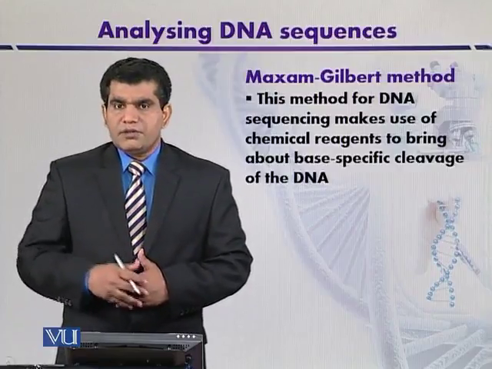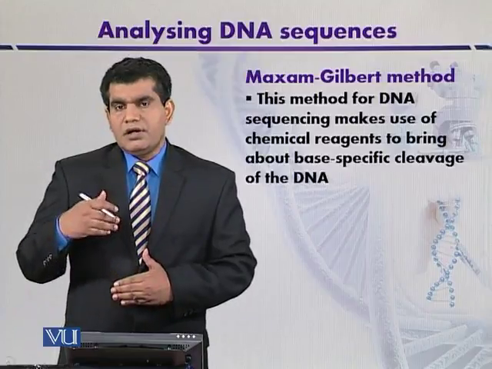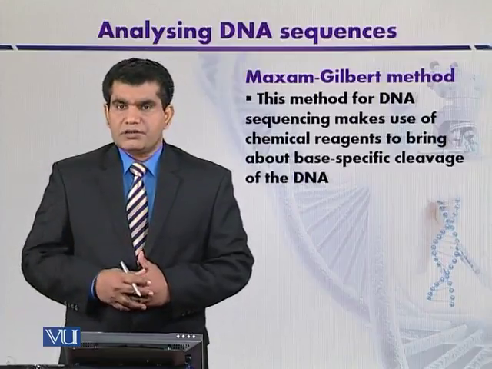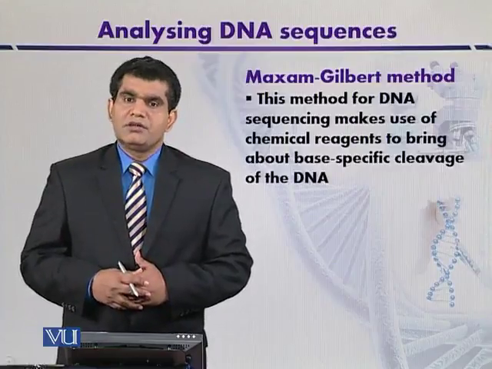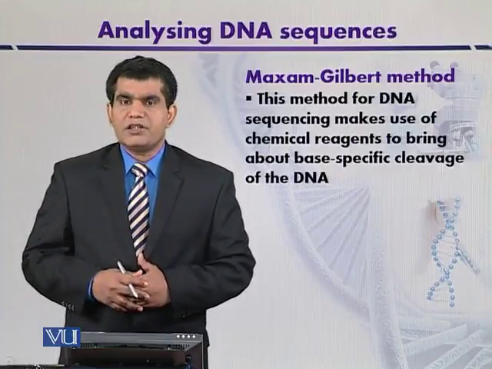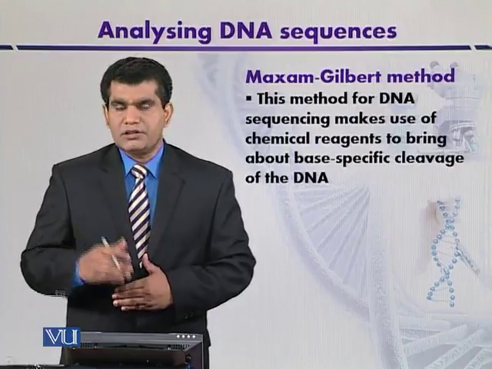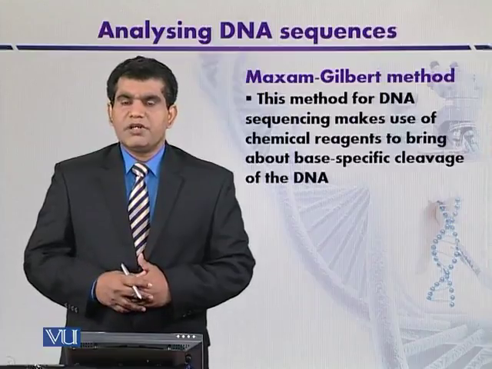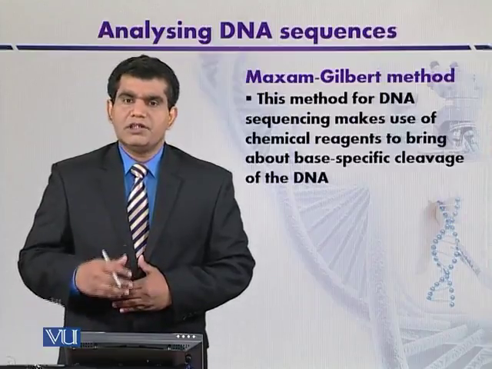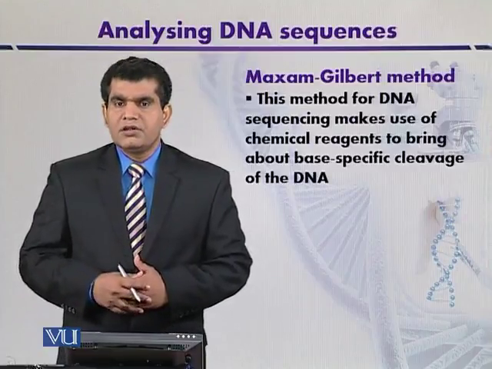So in this way, when we complete the reaction in different reaction mixtures, we will get a mixture of fragments that may be variable in length, and these mixtures are then separated by using polyacrylamide gel electrophoresis.